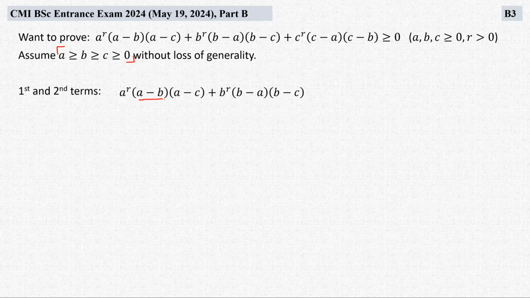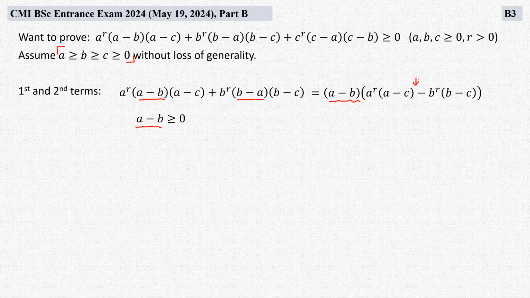Here notice that a minus b is common, hence we can write (a minus b) times (a to the power of r times (a minus c) minus b to the power of r times (b minus c)). Here, a minus b is greater than or equal to 0.